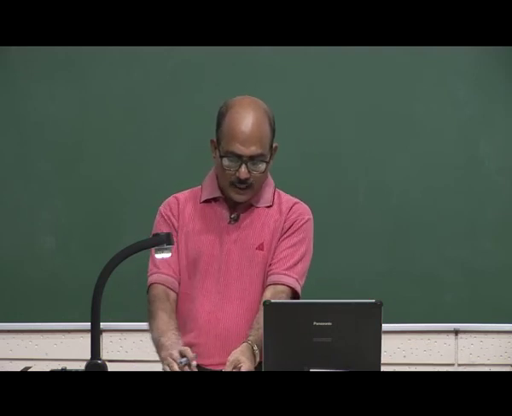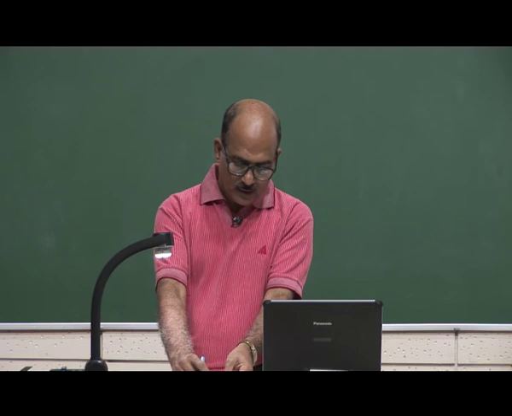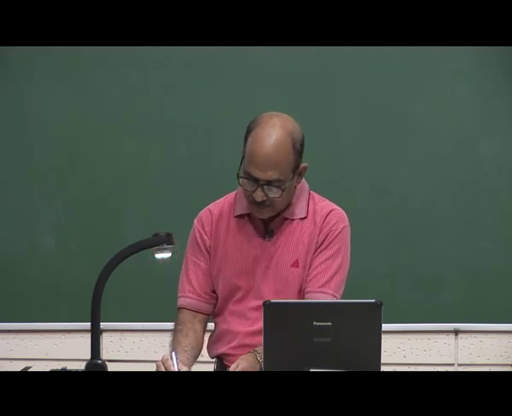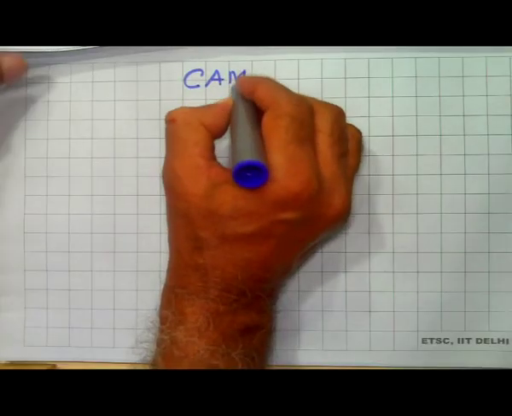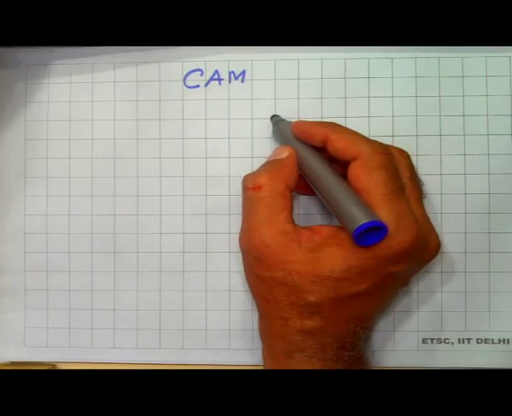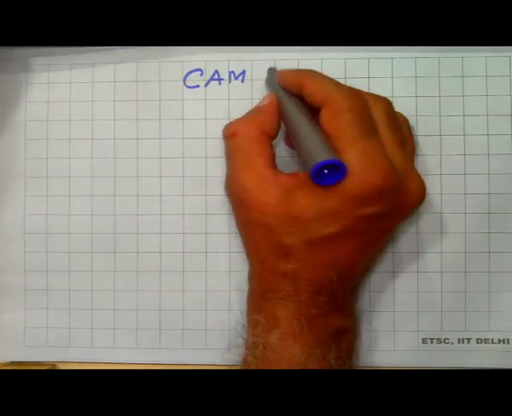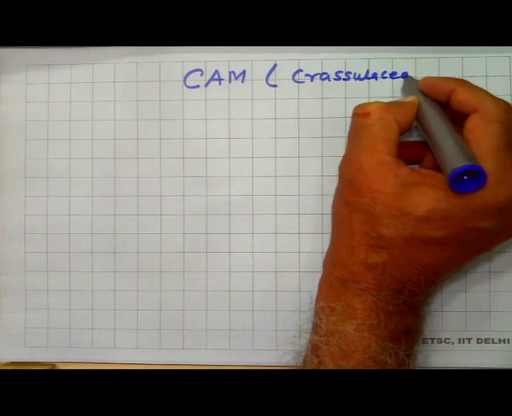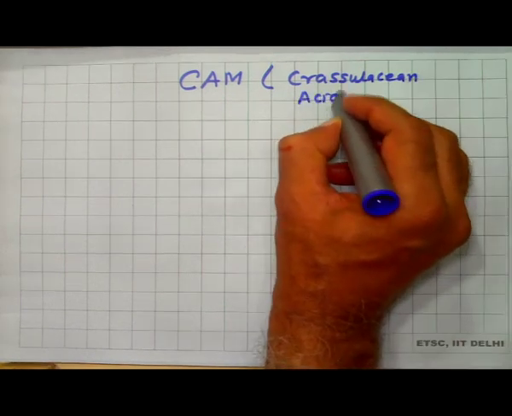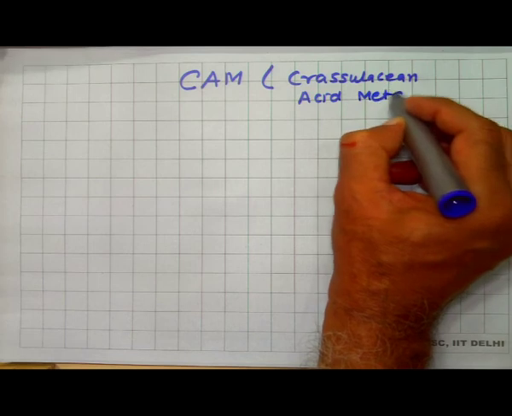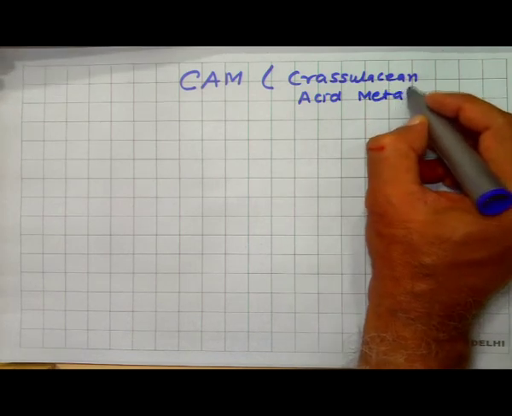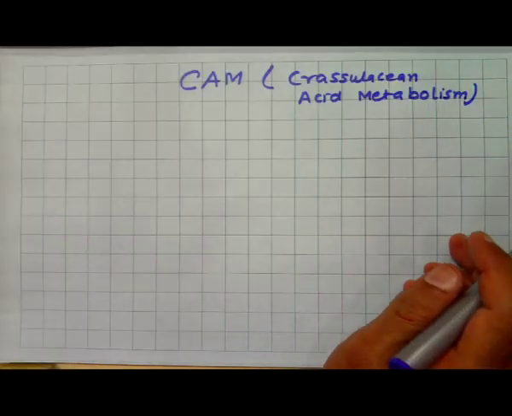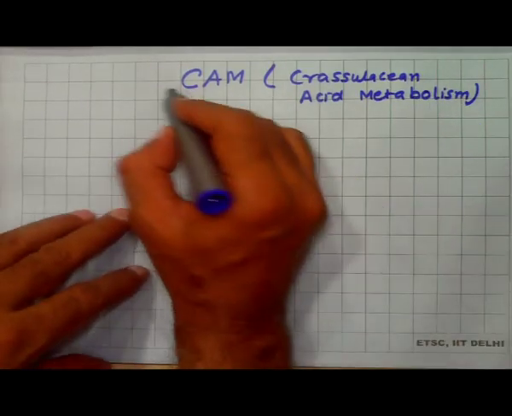Now, at the end of this chapter, one process is involved, that is CAM, which is called crassulacean acid metabolism. This plant is called crassulacean or CAM.